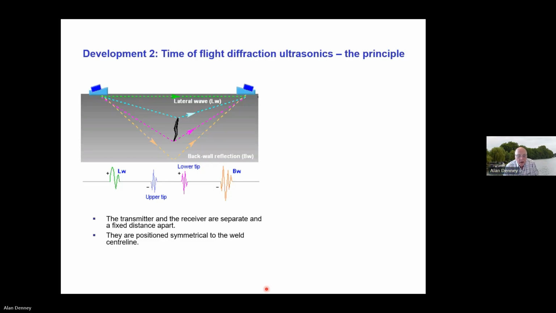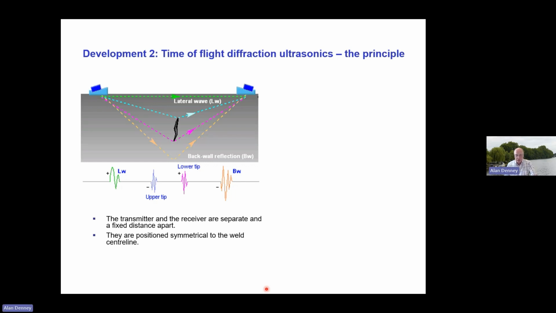And then, if you've got an indication, you've got these other angles which are finding the tip of the defect. And what you're getting is diffraction. The tips act as little sources of their own, setting off other waves that go in all directions, but some of those get to the receiver, and they are shown as the upper tip and the lower tip of the indication.